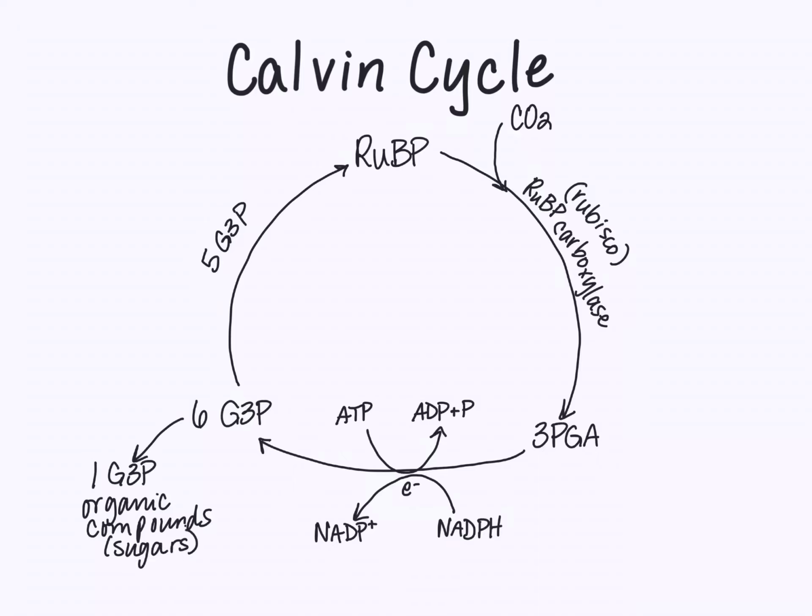Also recall that the regeneration of RuBP requires an input of energy in the form of ATP. And remember that the ATP molecules and the NADPH molecule come from the light reactions.